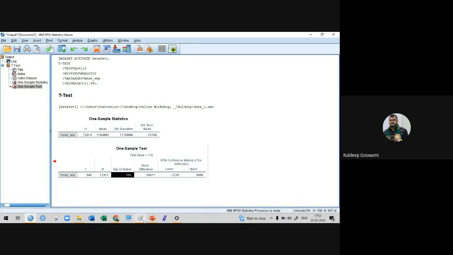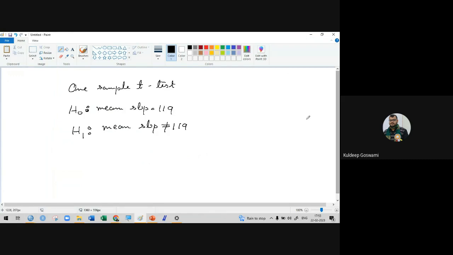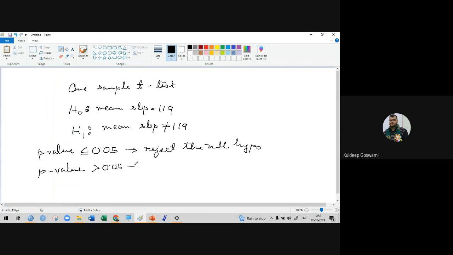Can you remember the decision point? Already I have told you that if your p-value is less than or equal to 0.05, then reject the null hypothesis. On the other hand, if the p-value is greater than 0.05, accept the null hypothesis.